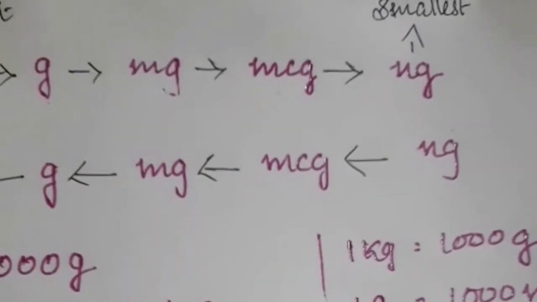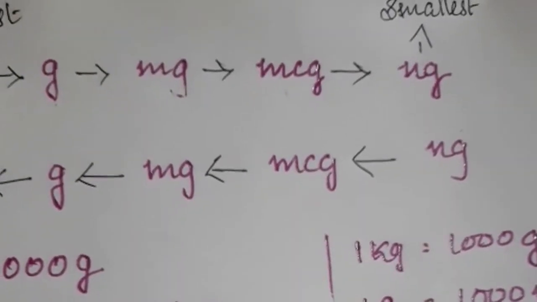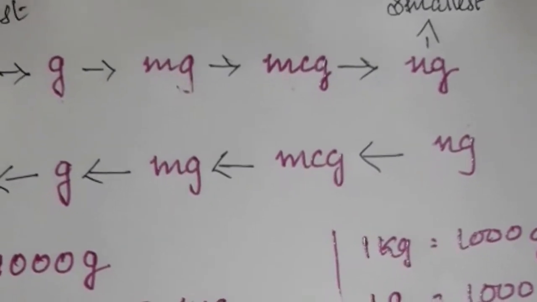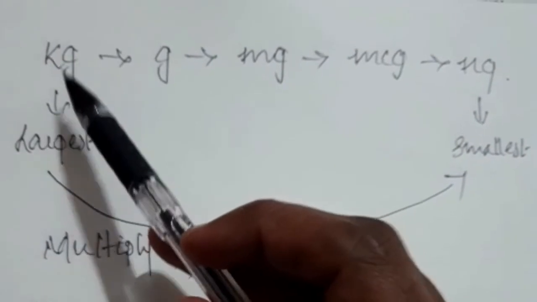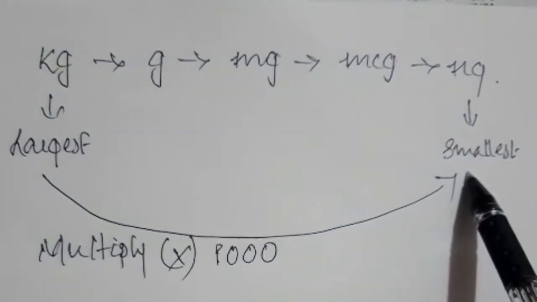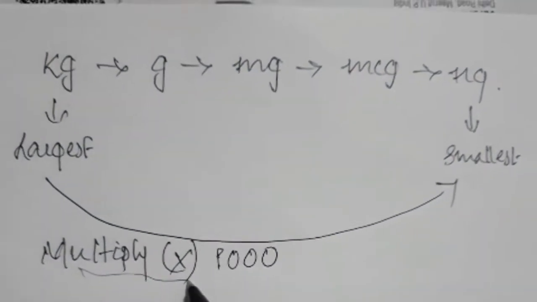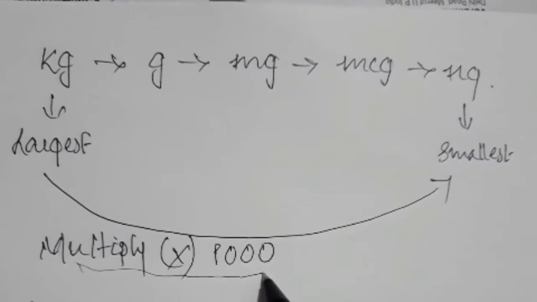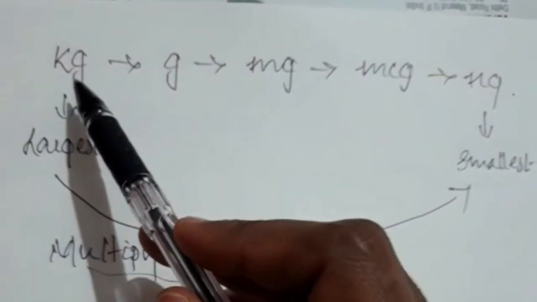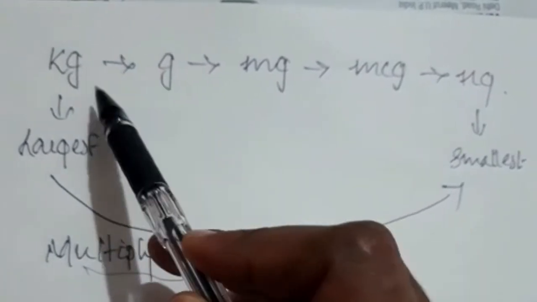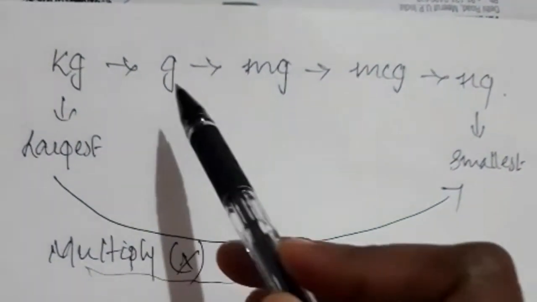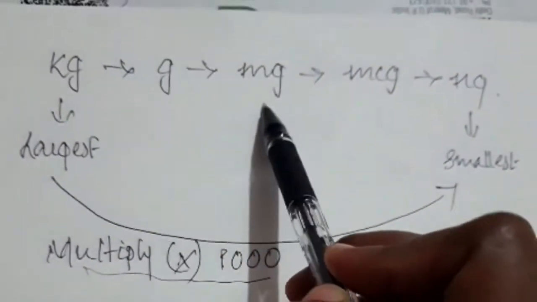So conversion requires us to multiply or divide dosages by 1000. If we need to convert from largest unit to smallest unit, we have to multiply by 1000. That is, if we want to convert from kilogram to gram, we multiply by 1000, and from gram to milligram, multiply by 1000.